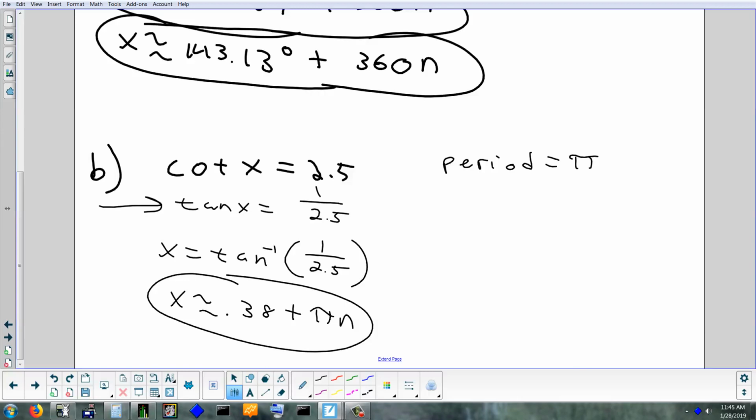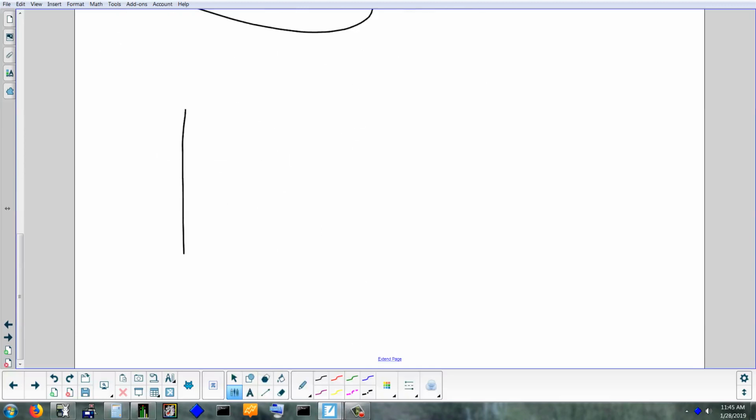0.38. Let's look at our diagram. If you're thinking in radians, what quadrant is 0.38 in? Well, this starts at 0. Where does the quadrant end in degrees?